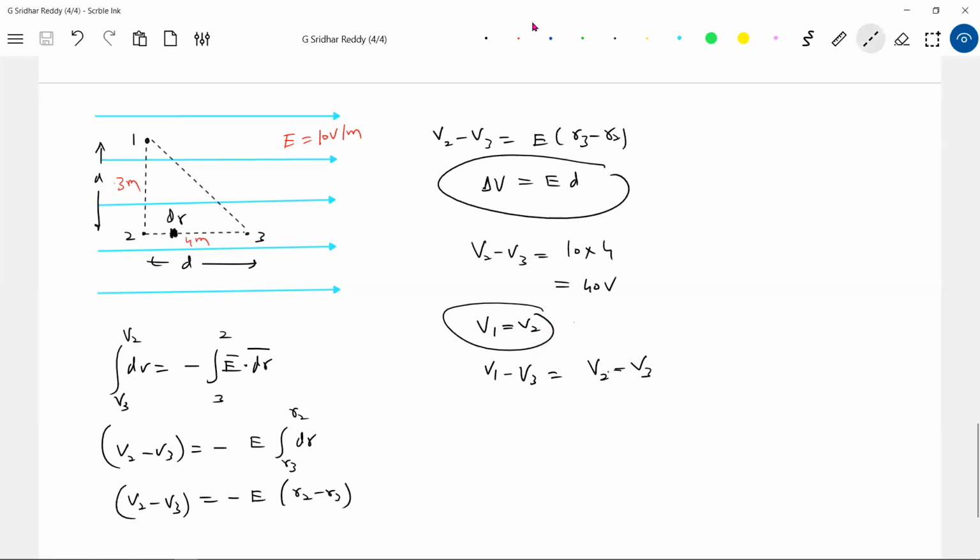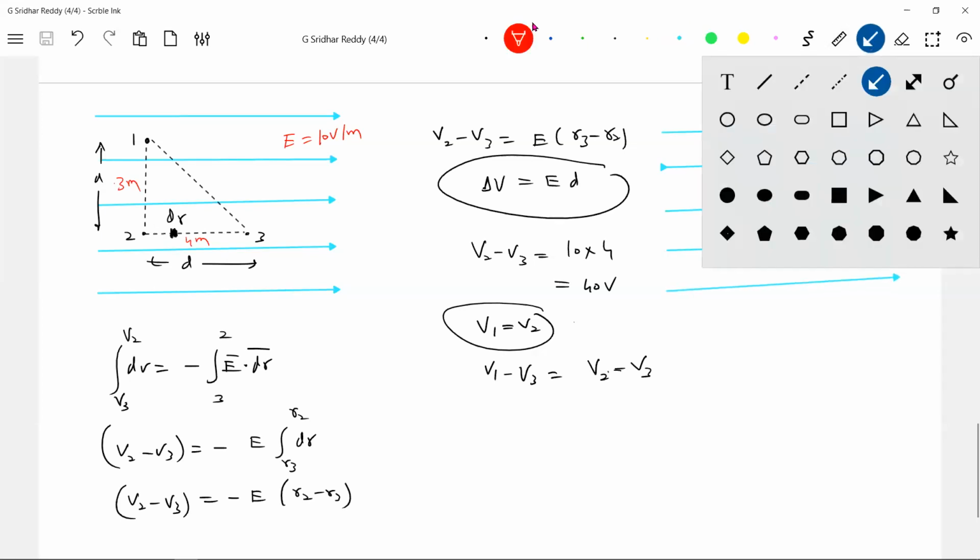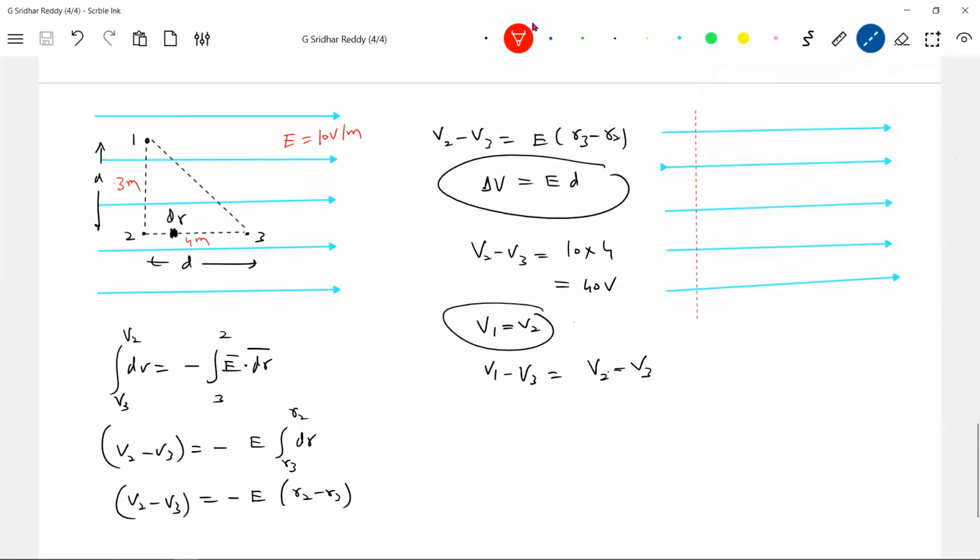So what are equipotentials for a uniform electric field? How will the equipotential lines be for this one? The equipotential lines, so we'll agree this.